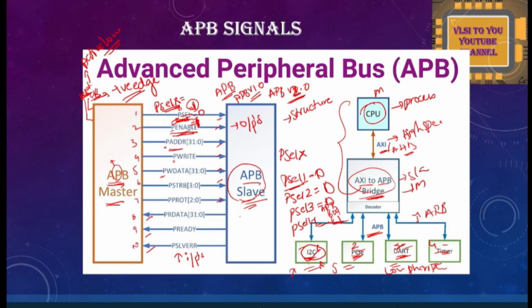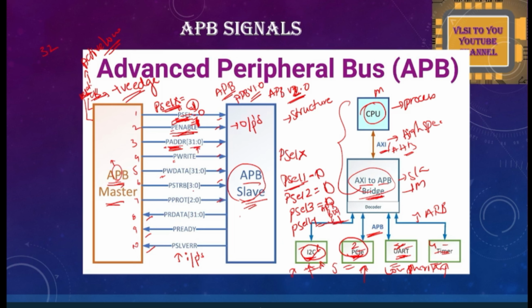Address is nothing but every component's individual address. So, for example, if you have selected the second slave, then that particular address will be registered, based on PSELECTx. Registered means the address will be allocated, the memory will be allocated for that particular component. And in the APB, this PADDR is 32 bits wide.